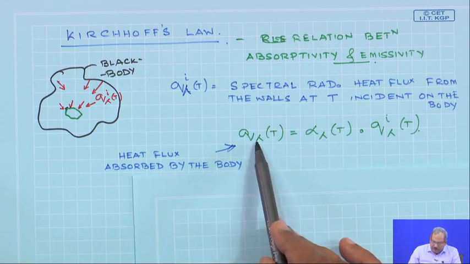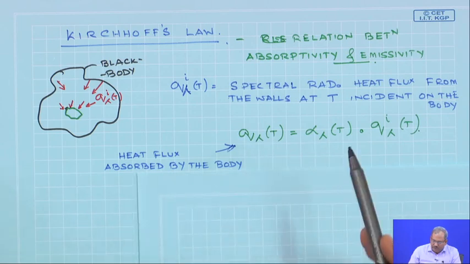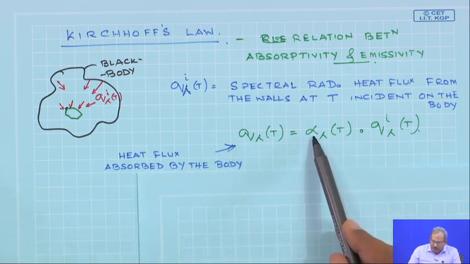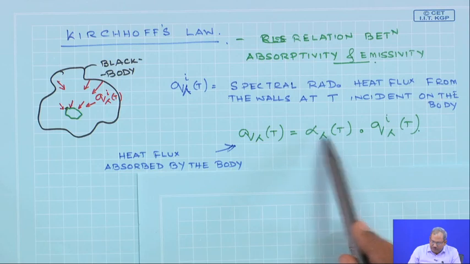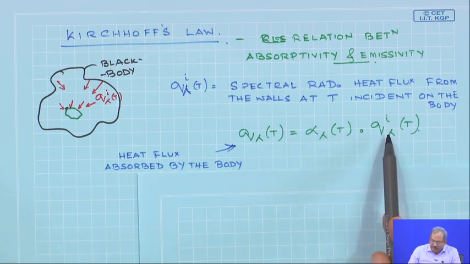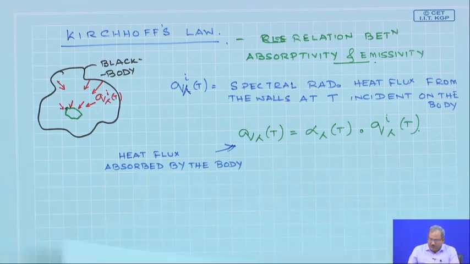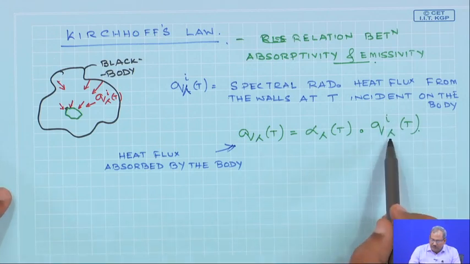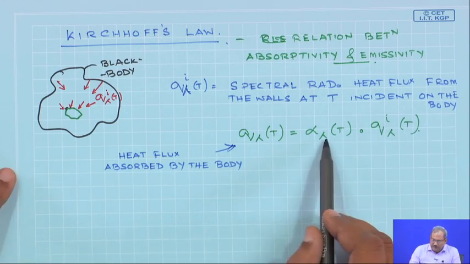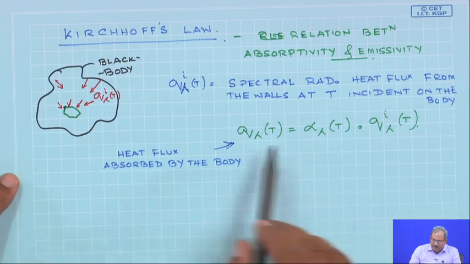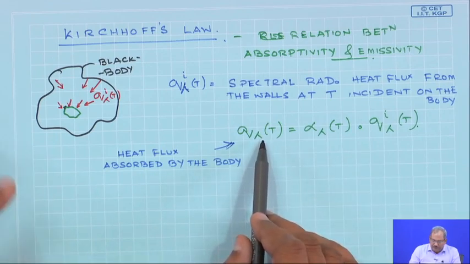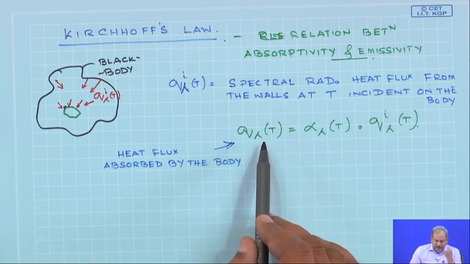So, this is alpha, the spectral absorptivity, multiplied by the incident radiation on the object. Whatever the incident radiation on the object, denoted by q_I,lambda,T, multiplied by the spectral absorptivity gives the amount of energy which is absorbed by the body.